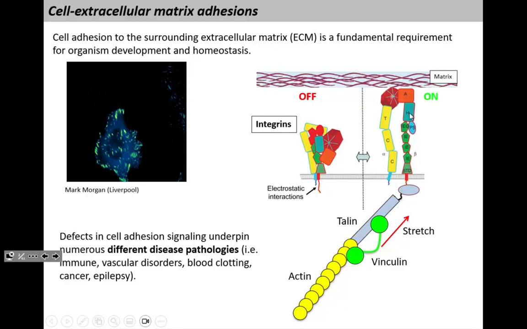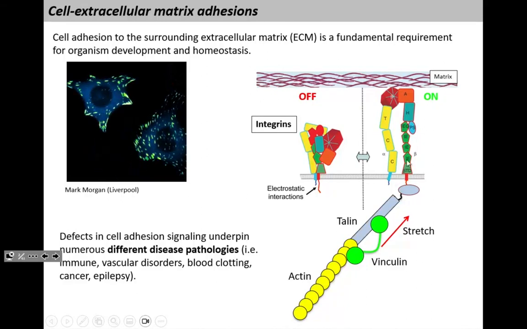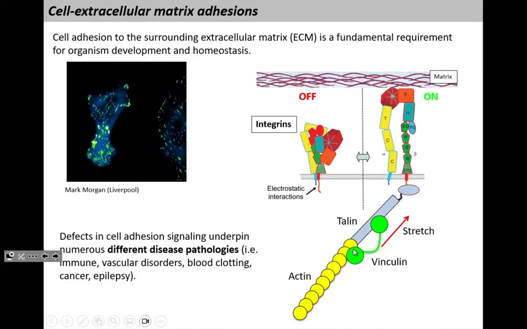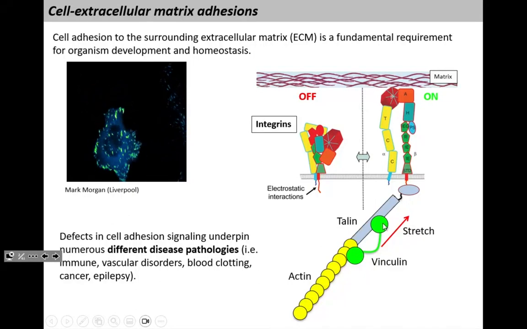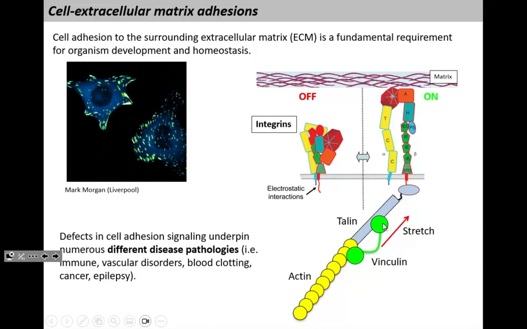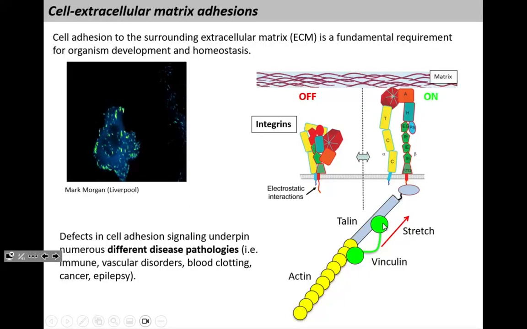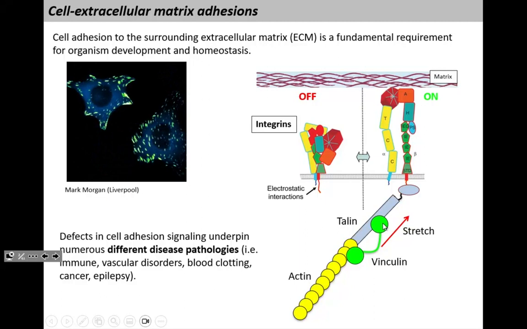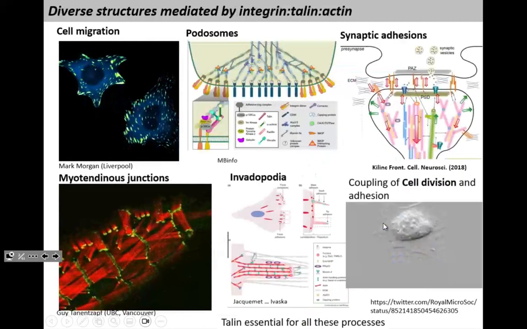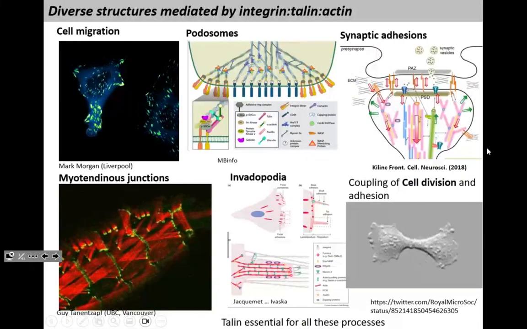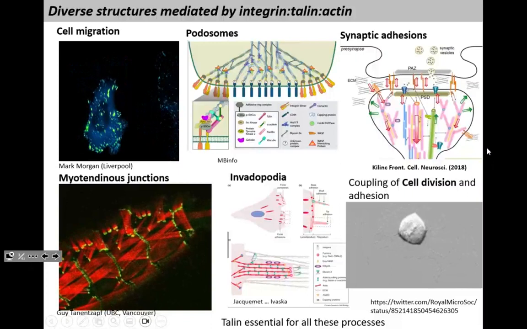What I want to draw your attention to here is this is just four proteins. This is an integrin with a Talin connected to actin with a vinculin, which is cross-linking this together. But onto that simple core of four proteins, up to 280 different proteins will come and bind to this. And that gives it this ability to do all sorts of different cellular functions.